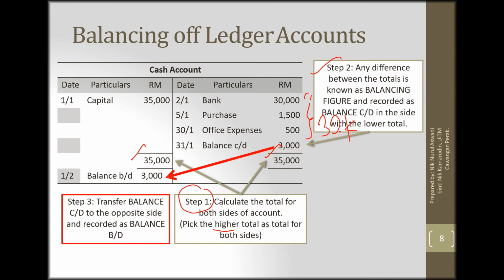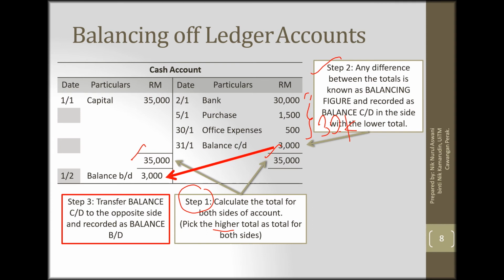So we calculate and then pick the higher, which is 35,000 ringgit. The difference will become the balance c/d. C/d means carried down, because we are going to carry this down to the following month. The difference is 3,000, so 3,000 will become the balance c/d.